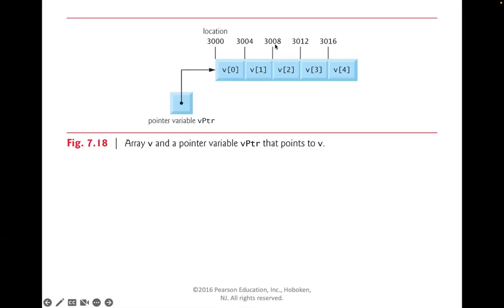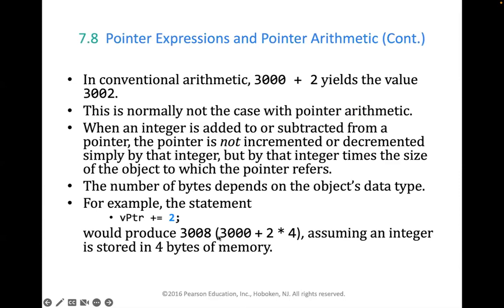So it should be 3008. So this one is 3000 plus 2 times 4. Each element is 4 bytes. Now 2 times 4 is 8. Then the result is 3008. So we move the pointer to the right by 2 elements.